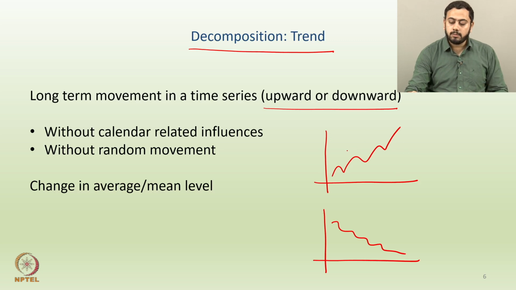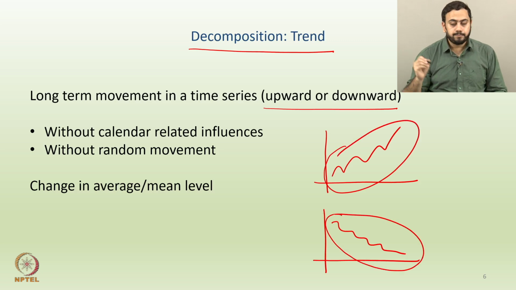One can talk about a trend over a much larger time span, either upward entirely or downward entirely. And the second point is without any random movement. Trend is predictable as we discussed earlier. Just to summarize, trend is without any calendar related influences and also without any random movement.